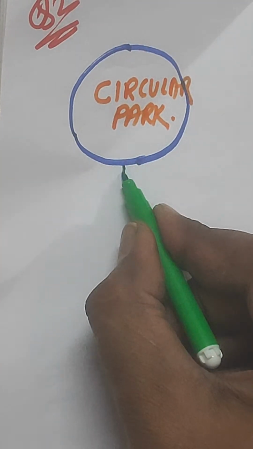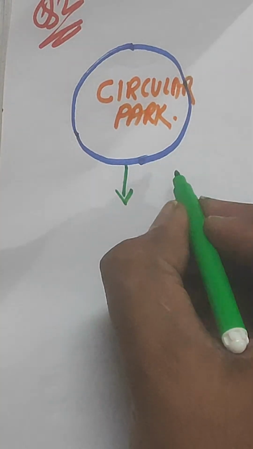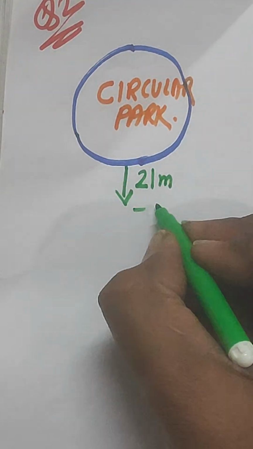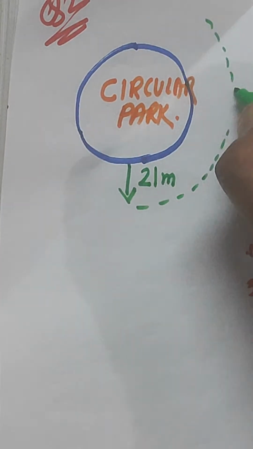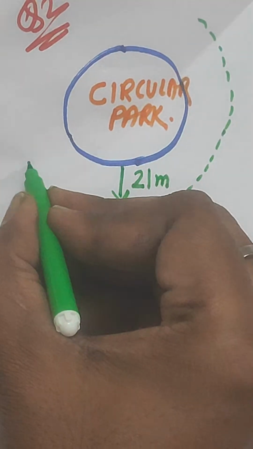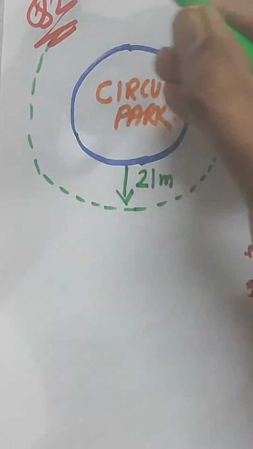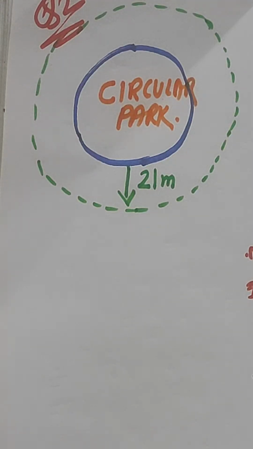So this is surrounded by one road, and that road is 21 meter wide. So the width of the road around the park is 21 meter. This is 21 meter, and such a road is constructed outside this circular park, and that road is spread uniformly around the park so that you can walk across it.